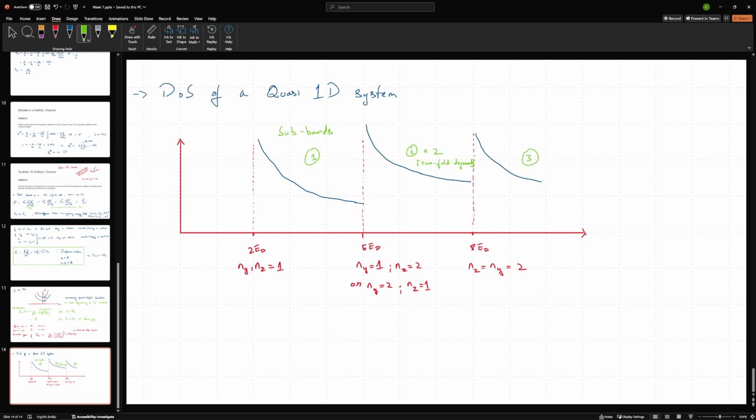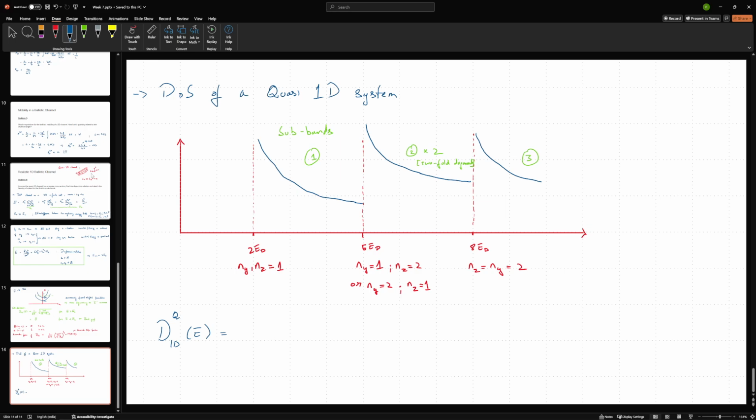Okay, so now how do I write the DOS expression? So D quasi 1D, let me put the Q up here, 1D of E. How do I write this? It will depend on how high my energy is. If it is high enough, then it will have representatives from the higher subbands as well. If it is low enough, it will not have representatives from that subband.